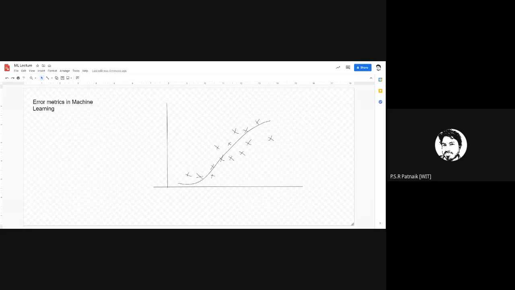During training as well, if I put a general question to you: when I am training my machine learning model on a data set, when should I stop the training? Just respond in the chat window. The question is, when should I stop training the ML model?